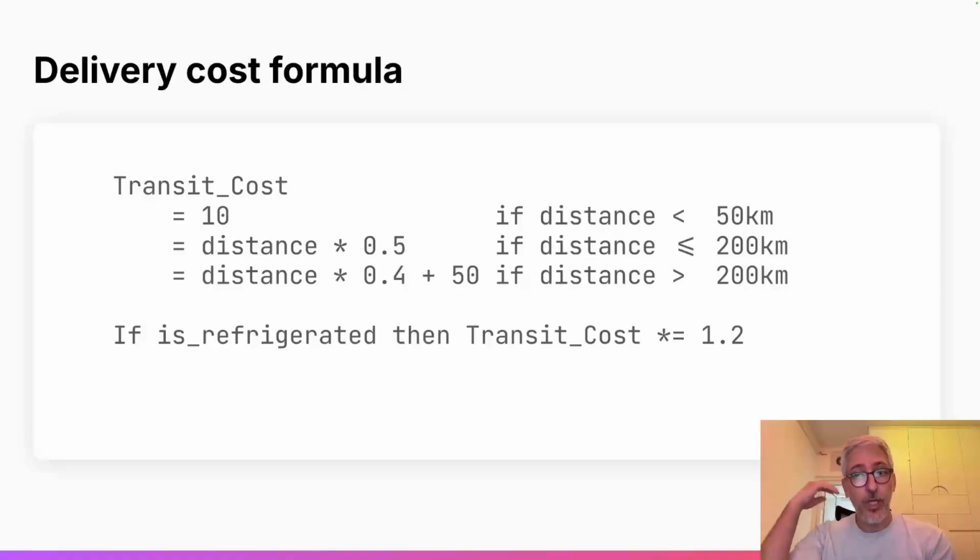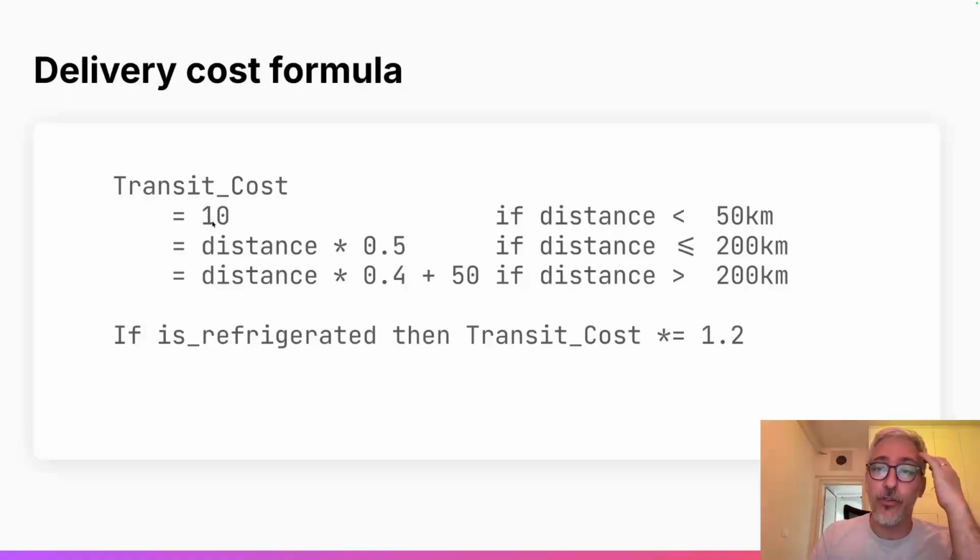Last thing before we move on to seeing some source code. In addition to finding a path, we want to compute how much it is going to cost us to deliver the produce on a given path. So we have another formula which would compute the cost. And so the cost of a leg, or if you want to think about the cost of the entire path, is like so. It's going to cost us $10 if the travel distance is less than 50 kilometers.